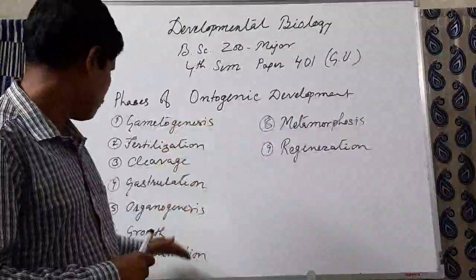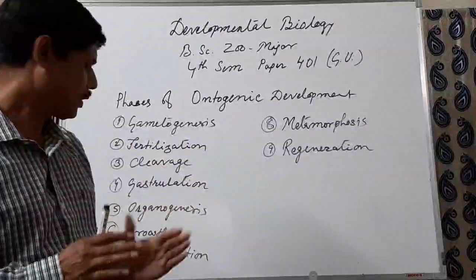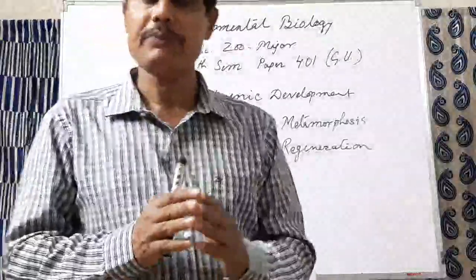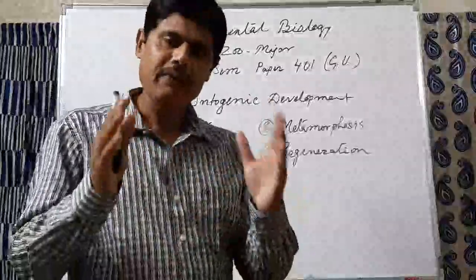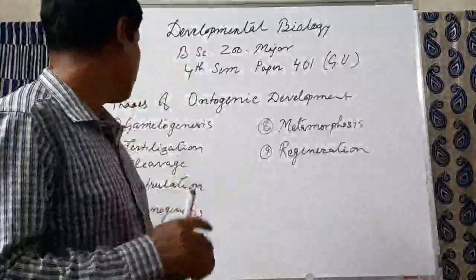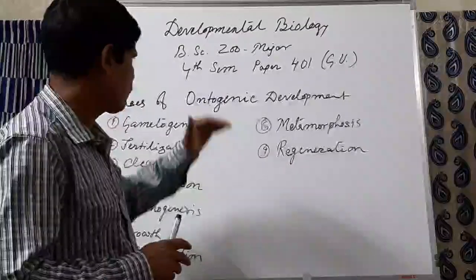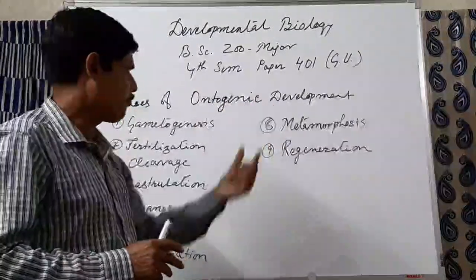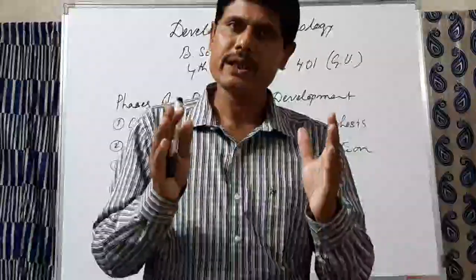Regarding most of the phases in your syllabus, we have a separate topic. Definitely we will go for that. First of all, we have a brief look at the different phases of developmental biology, or you can say ontogenic development.